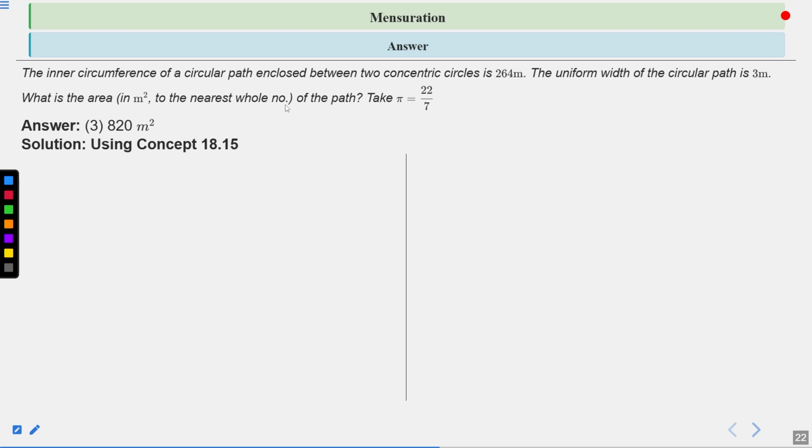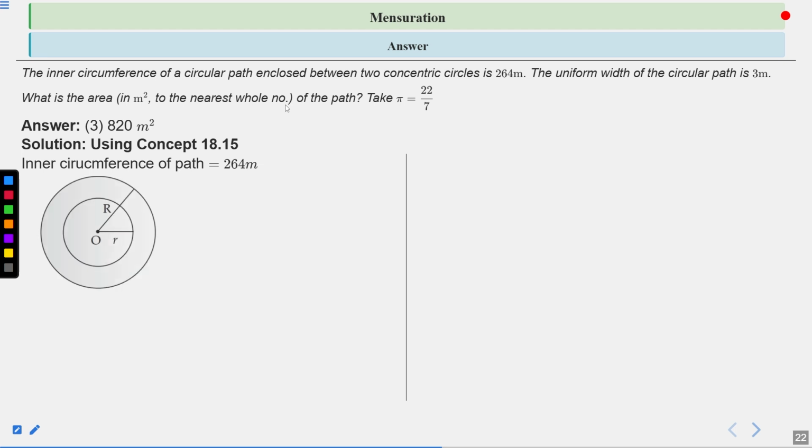Using concept 18.15 in this question, the inner circumference of the path is given, which is 264 meter. We can see the diagram, capital R and small r, and it is given that the uniform width of the circular path is 3 meter. So the width of the path is 3 meter.